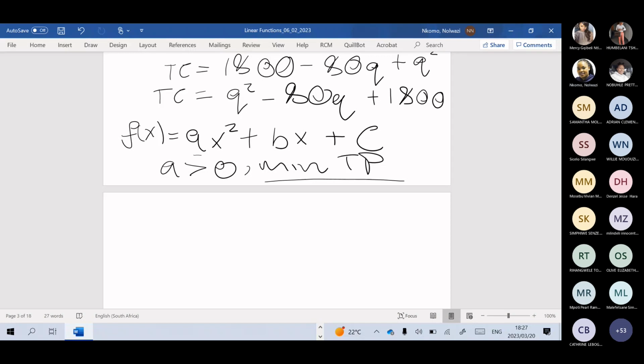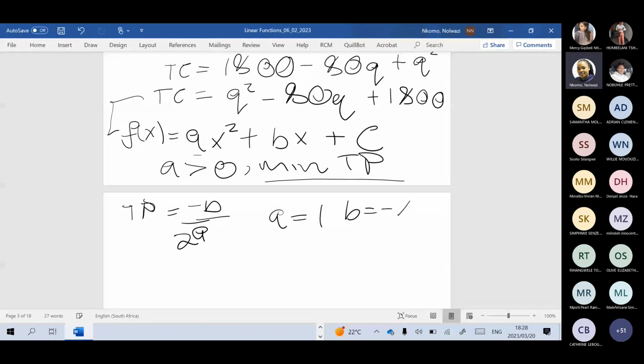And we said the formula for finding a turning point is Q equals minus b over 2a. If you compare the total cost function and the standard quadratic equation, you have a equals 1, b equals minus 80, and c equals 1,800.